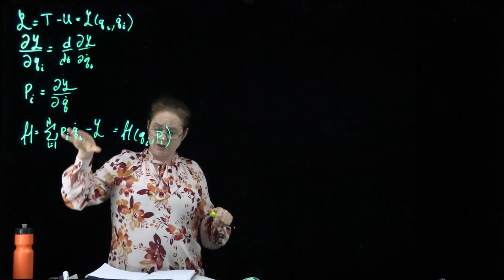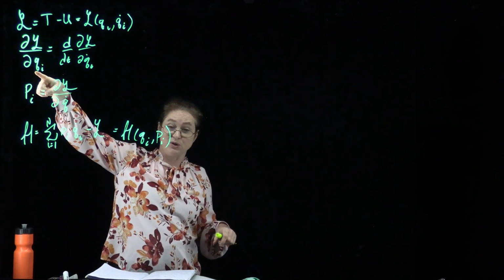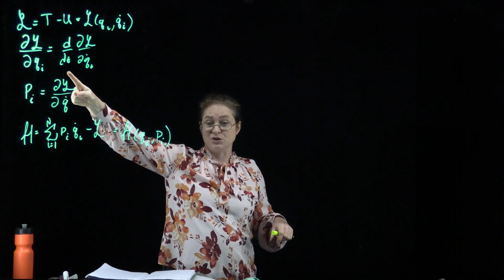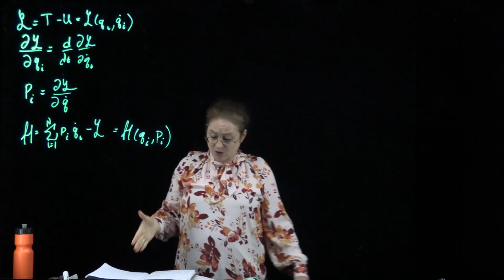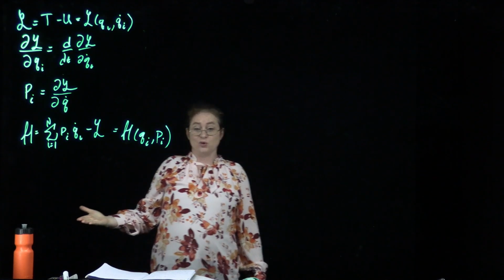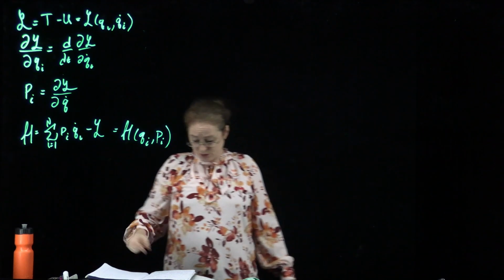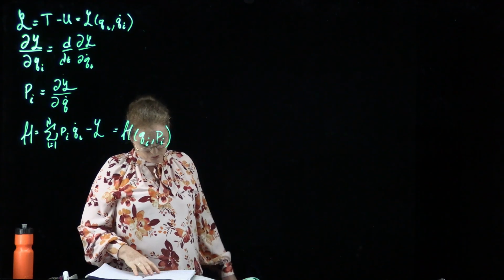With the Lagrangian method, if you have n different q_i, then you have n different second order differential equations that you're trying to solve. With the Hamiltonian approach, if you have n different q_i, you're going to have 2n different first order differential equations that you will solve.